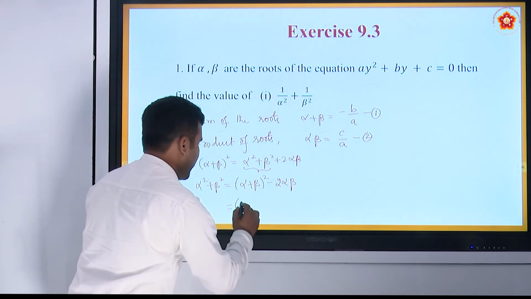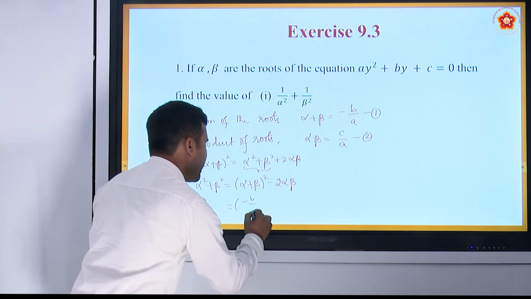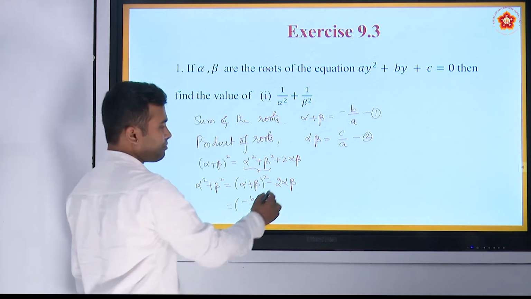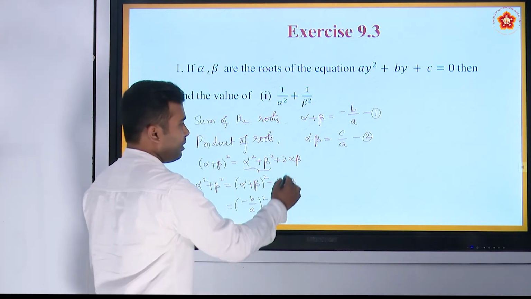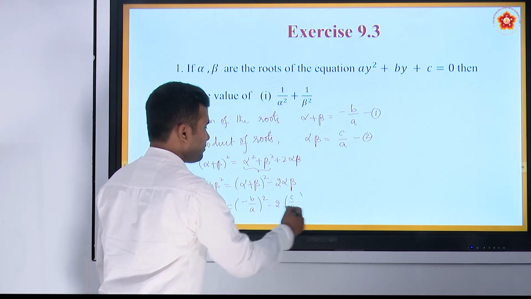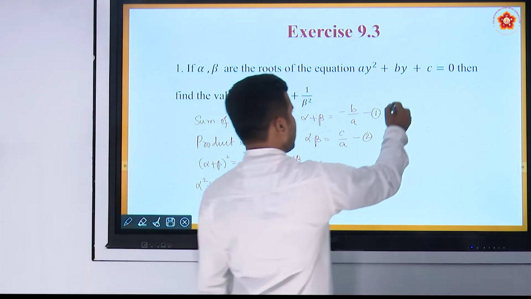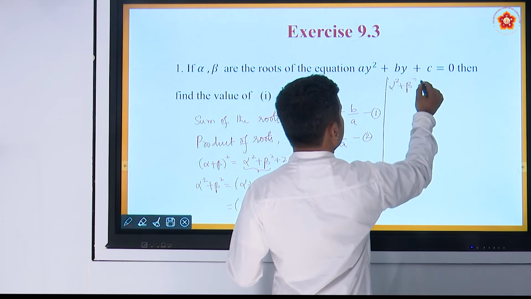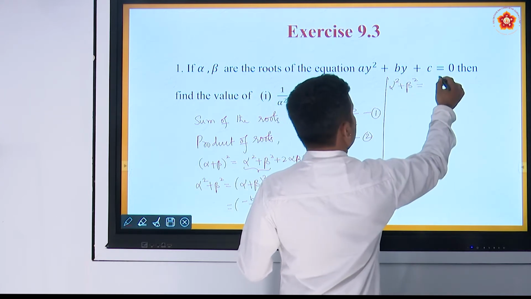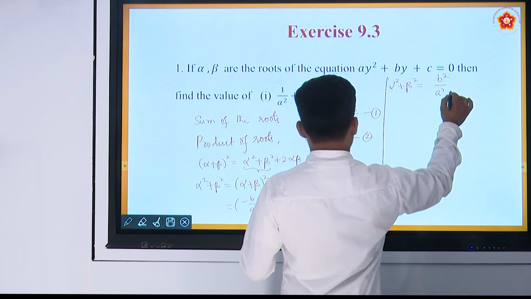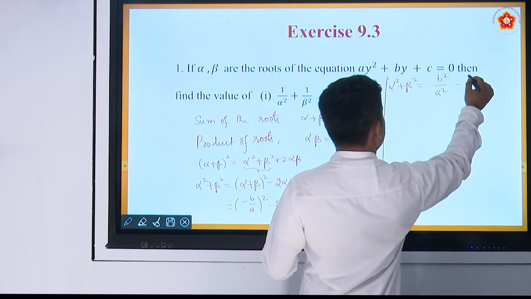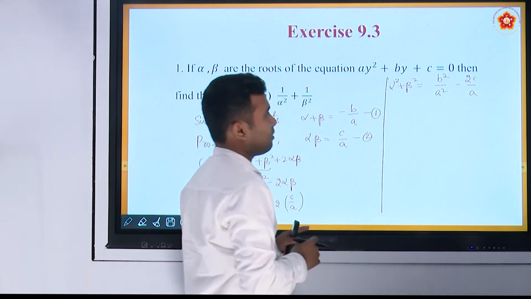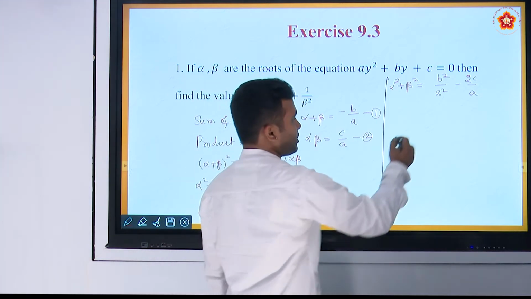Alpha plus beta is minus b by a whole square, minus 2 into alpha beta. Alpha beta is c by a. So with continuation of that, alpha square plus beta square is equal to b square by a square minus 2c by a. This is alpha square plus beta square. Let us simplify this.